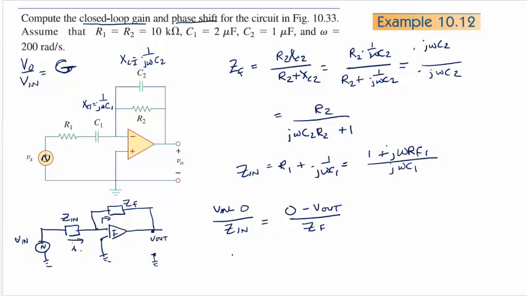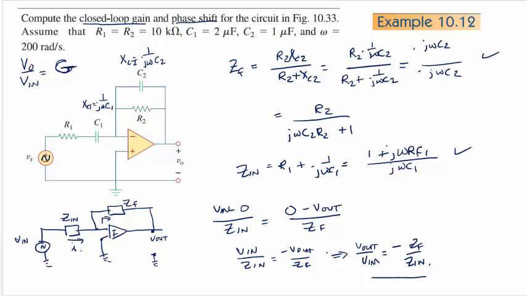So V in over Z in equals minus V out over Z feedback, which implies that V out over V in equals minus Z feedback over Z in. And so we derived for the op-amp what the gain is. It's this formula right here. We have Z feedback right here. We have Z in right here.